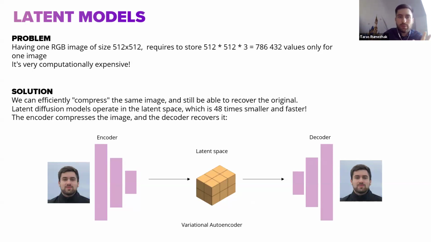For example, consider an image of resolution 512 by 512 with 3 RGB channels. There are almost 800,000 values, and operating in this space is very computationally expensive. That's why we need to compress the image.